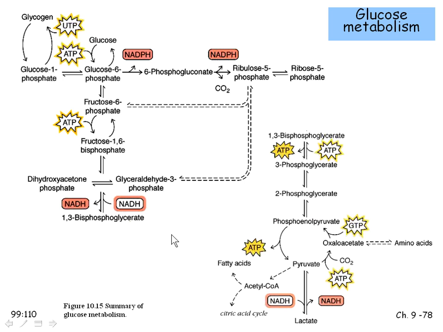So this is an overview of glucose metabolism. This is trying to look at all of it on one page to give you a chance to hold in mind all the pieces at once. Where should we start? Let's look at glucose.